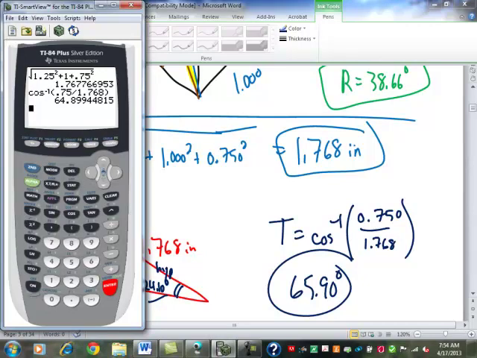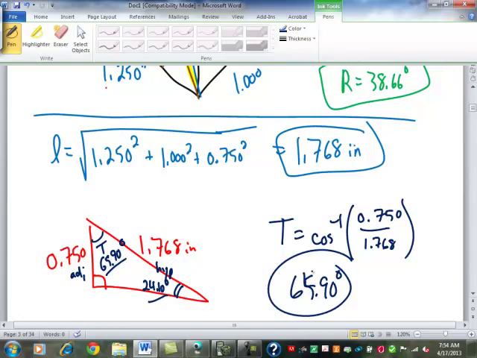It is 64.89. Why did I write down 65? 64.90. Some days the little hamster just refuses to climb onto the wheel. So this is 64 and this is 25.10. Thank you. Any other questions?